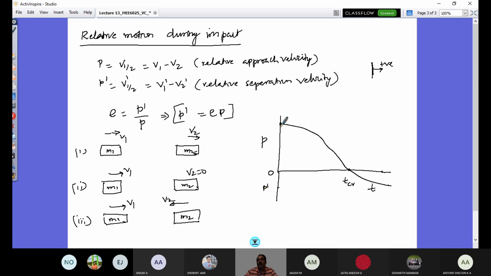Whatever I measure from 0 here is the velocity P, and what is measured here is P dash. P dash is again the separation velocity. So there is a point where the relative velocity is 0, right? And that point corresponds to the time of common velocity.